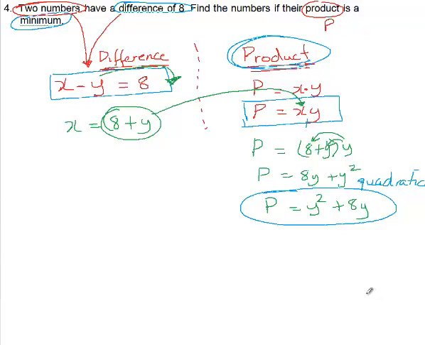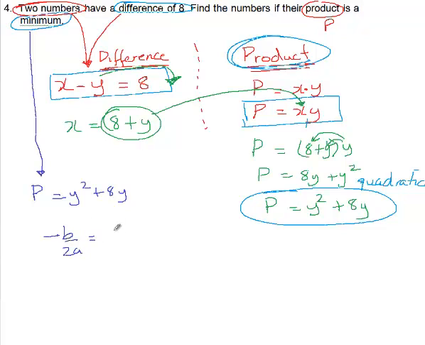Now, what do we do? Well, now you're back to what we did in a previous video. Once you have the quadratic equation, you take the quadratic, and to find a minimum of this product, we're going to use minus b over 2a.